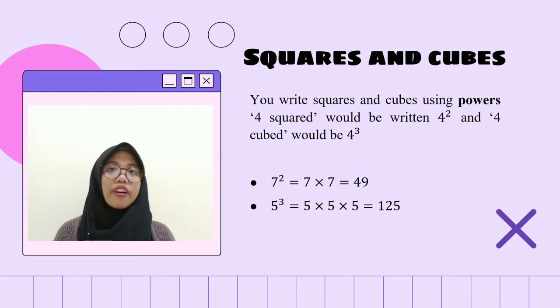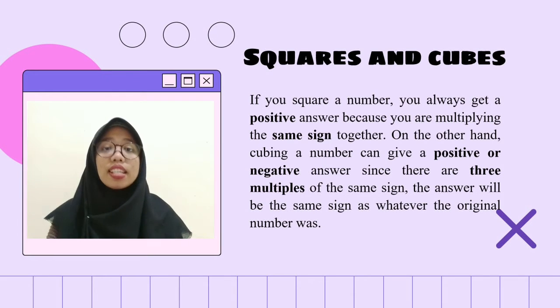And 5 cubed equals 5 times 5 times 5 equals 125. We know that 5 times 5 equals 25, and if we calculate 25 times 5 equals 125.